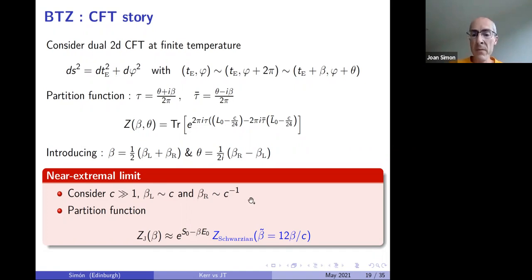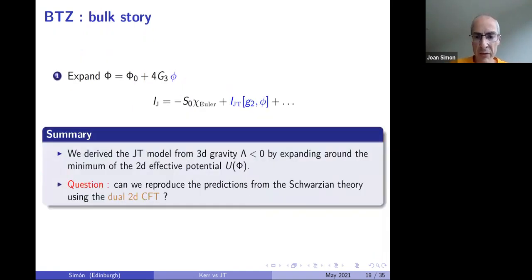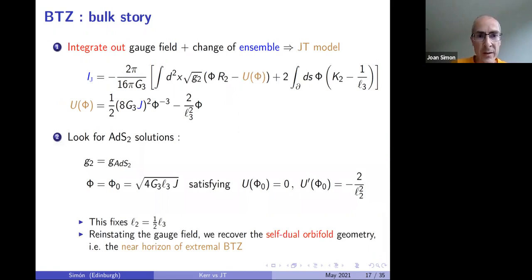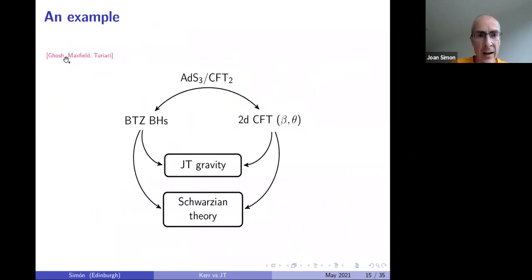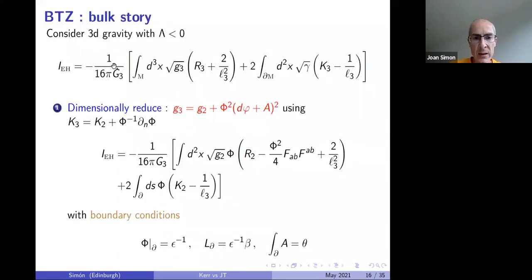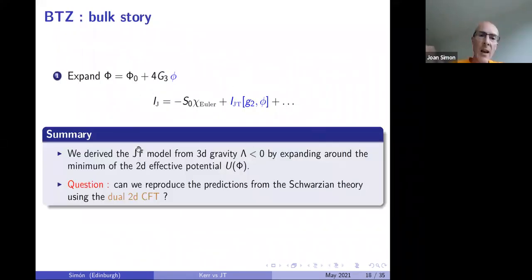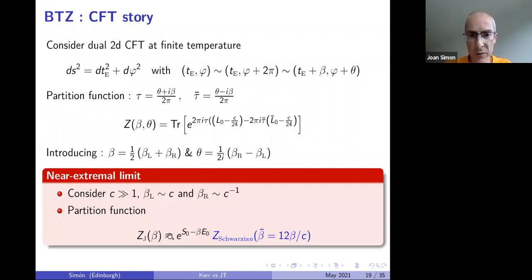And the claim by the authors that I have not mentioned, but let me stress it here, this is taken from Ghosh, Maxfield, and Turiaci. The claim is that when you evaluate this partition function in some slightly different ensemble, apologies for not explaining that, you get the contribution from the extremal piece, that's the black part. And the corrections due to near extremality are captured by a partition function, which is extractable from the UV-CFT partition function.